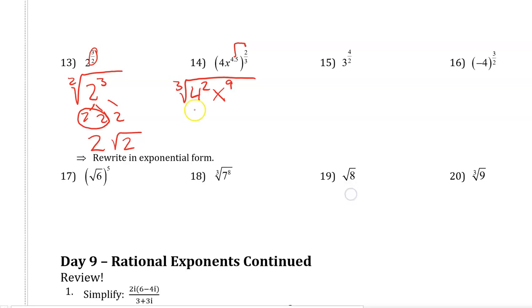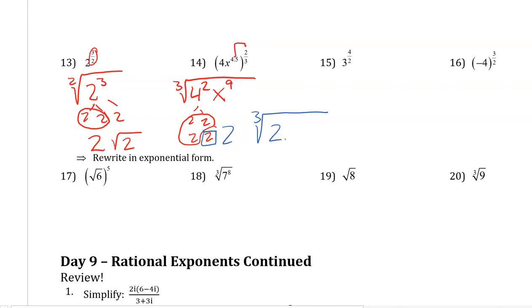So 4 squared, 4 is 2 times 2. Squaring that's 2 times 2 as well. So we'll take out a triplet of 2's. There's going to be a 2 left behind inside of the radical. So cube root, we got a 2 out, we left a 2 in.